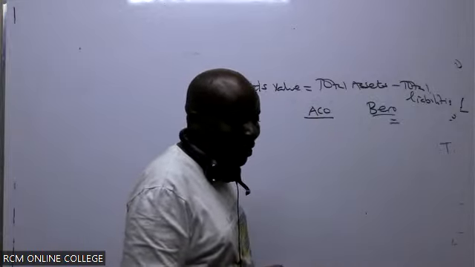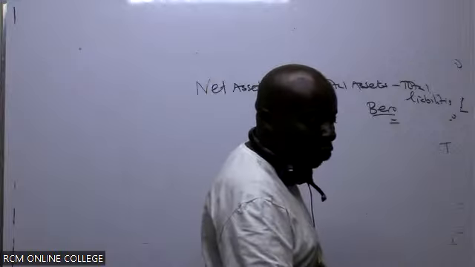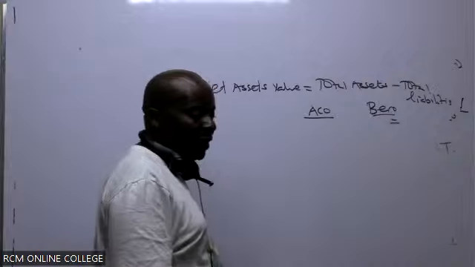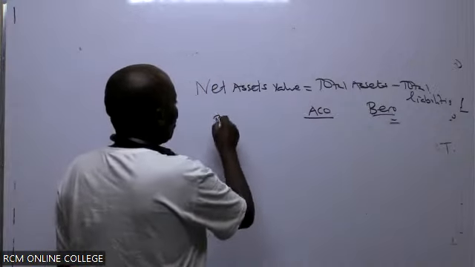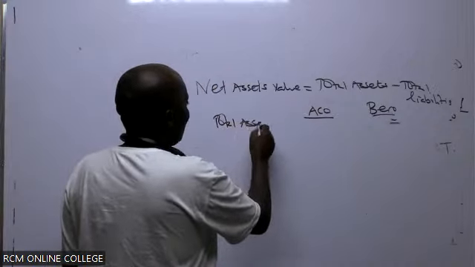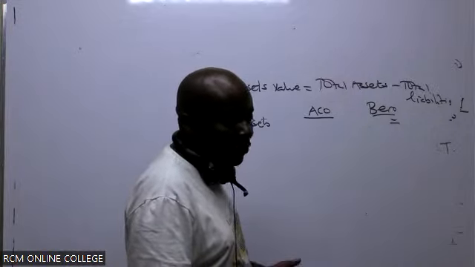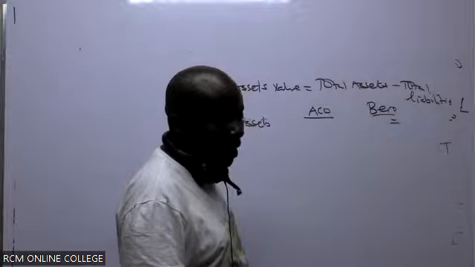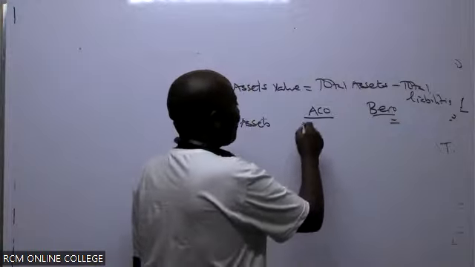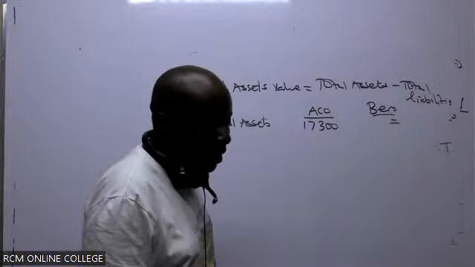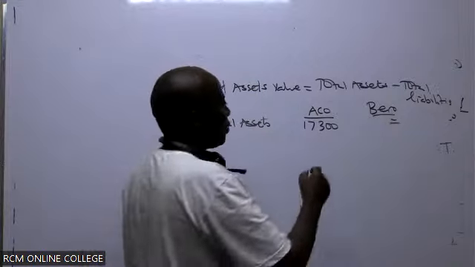These have given us total assets. You can see ACO, where we have non-current and net current, is 17,300, and Bero is 6,100.